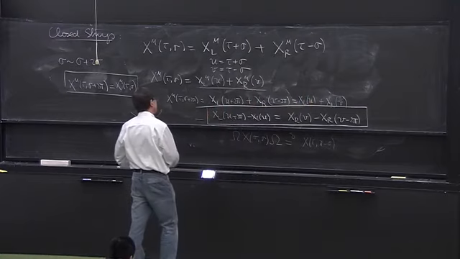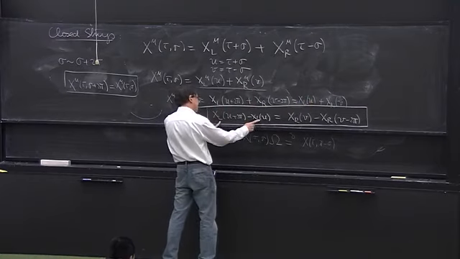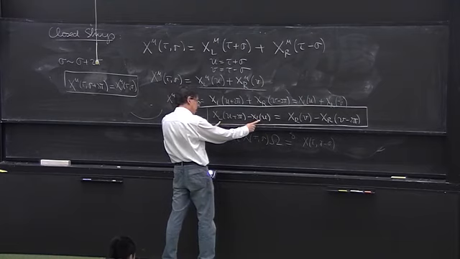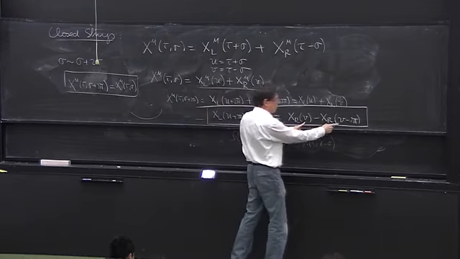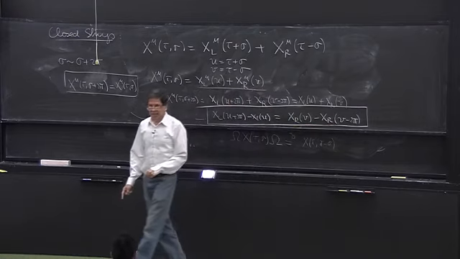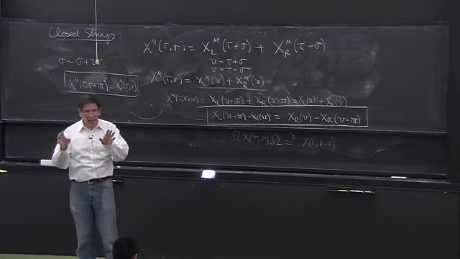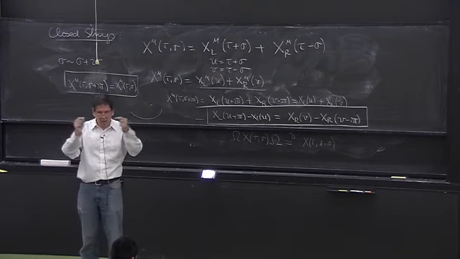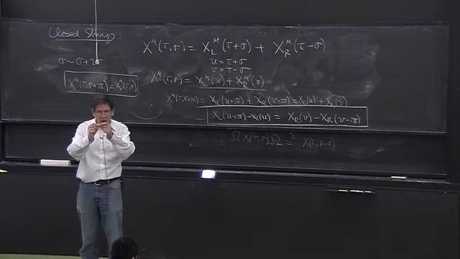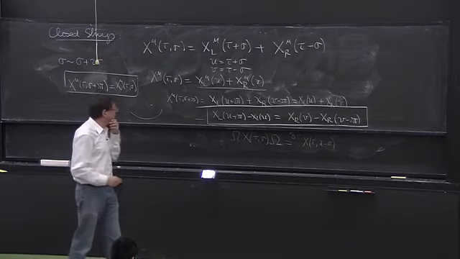In fact, the failure of the left wave to be periodic, this thing, is equal to the failure of the right wave to be periodic. So at the end of the day, the left and the right talk a little to each other, not too much. They're almost each periodic, but they're not.